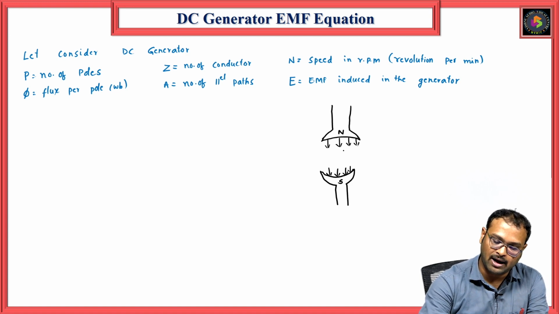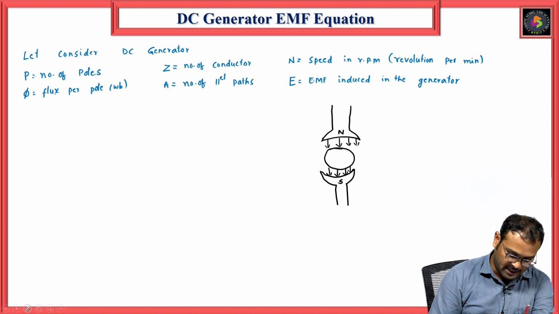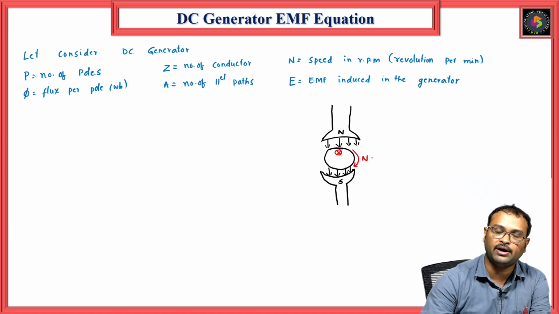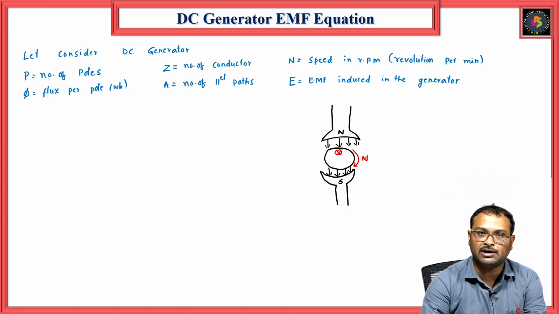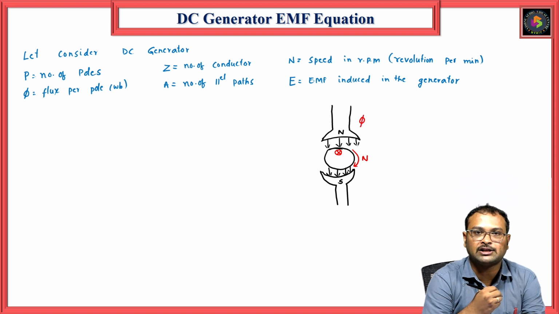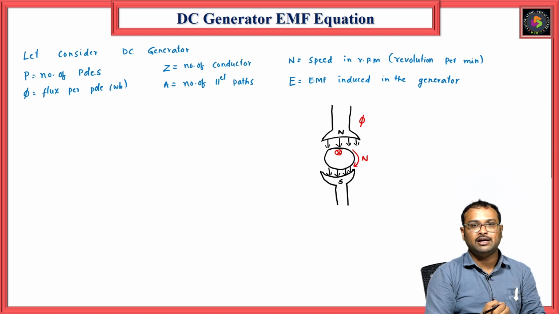Now I am considering my armature. For understanding purposes, right now I am taking only one conductor, which is available here. Suppose this is my conductor, which is moving in the clockwise direction with a speed of N RPM, and the flux per pole is phi. Now I have to find the EMF equation.